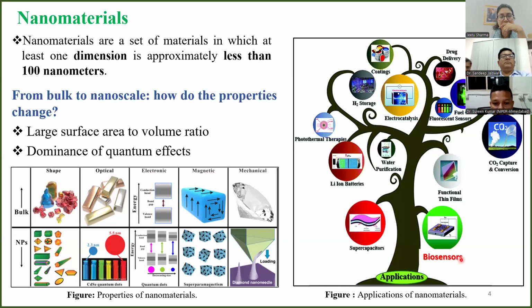There are large applications of nanomaterials today, such as supercapacitors, water purification systems, lithium ion batteries, hydrogen storage, coating, drug delivery, and several more. Along with this, there is the application in the field of biosensors also. So today we will discuss in terms of biosensor application.